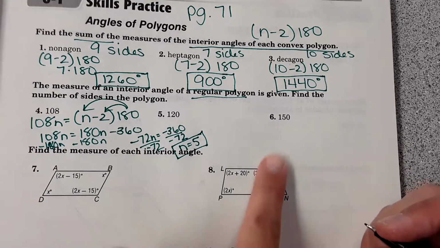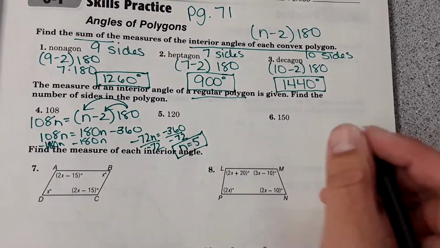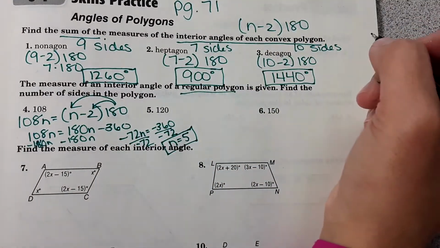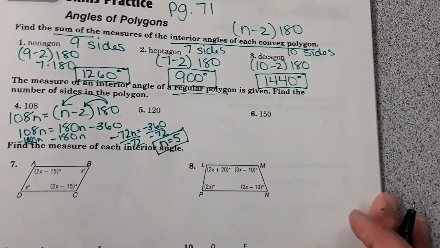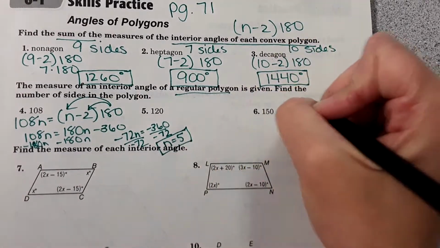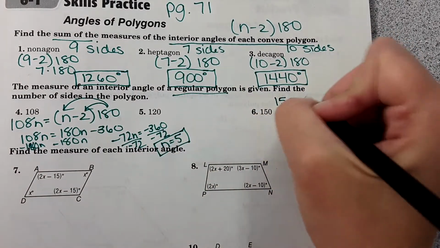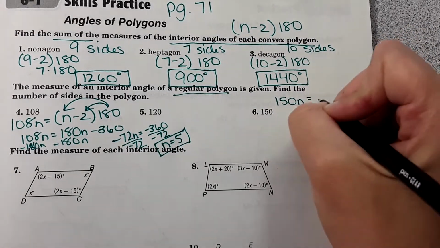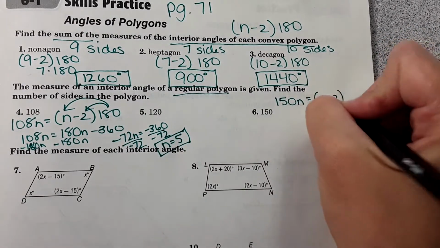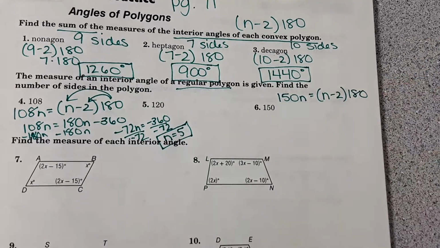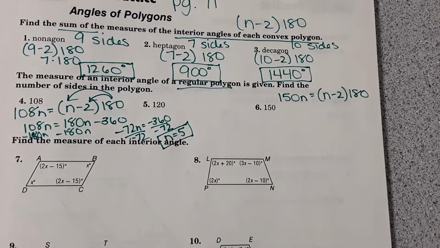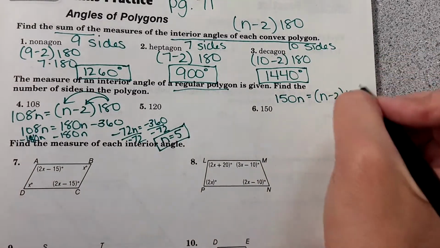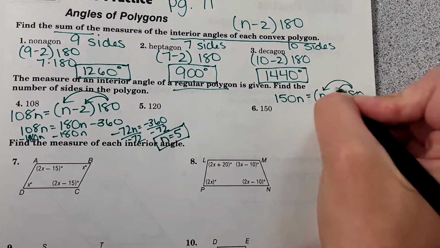Okay, I'm going to skip over to number 6 because I'm running out of room for number 5 anyway. Number 6 is the same exact problem. 150 times the number of sides would be the total angle measure, and then we can use this equation to solve backwards. So we're going to distribute this 180 here.